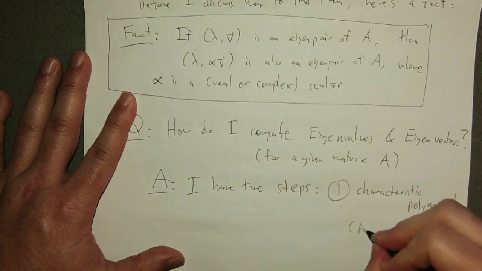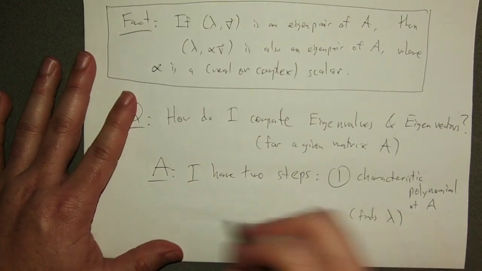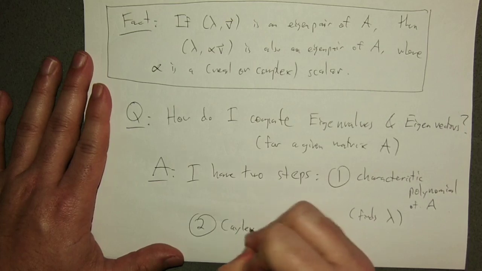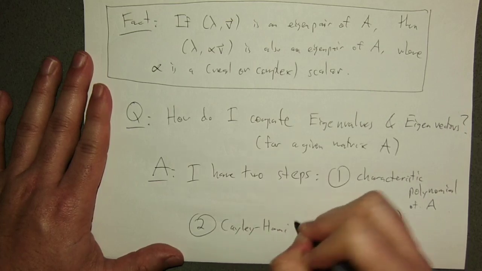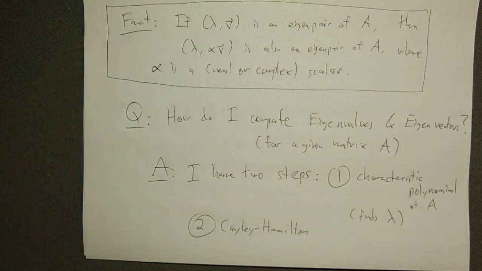This finds the eigenvalues lambda. And step 2, the Cayley-Hamilton Theorem. This only works for 2x2s, but for us, that's good enough. If you have a matrix that is bigger than a 2x2, you can do this step with a method of solving a linear system. If you are coming from 240 or 461, or coming from anywhere, and you already know about eigenvalues and eigenvectors, you have likely done something other than Cayley-Hamilton.